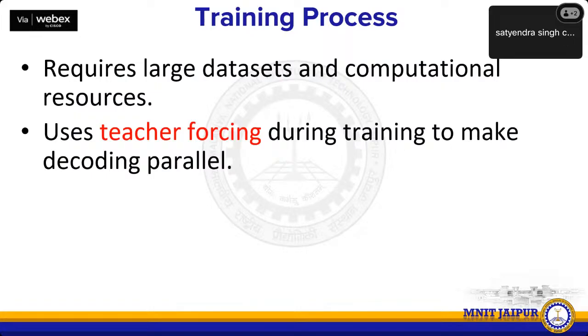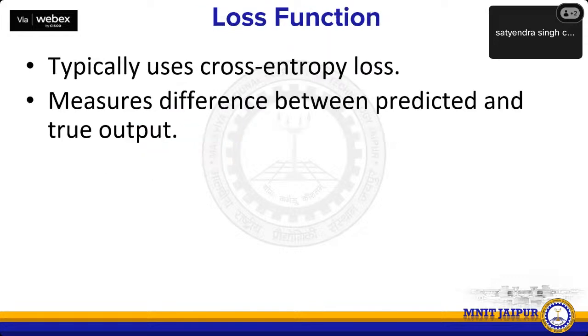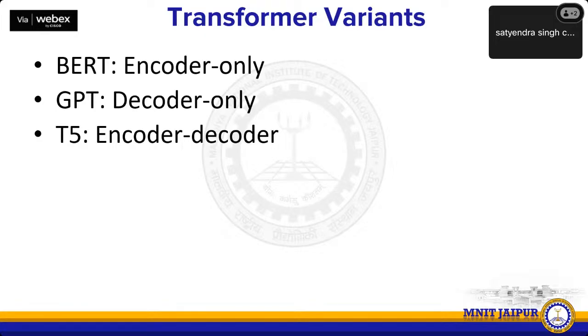So for machine translation application, the encoder should not be thrown away. Depending on the task, it has a different architecture of the transformer. Okay, so there are different variants. You might have heard about the BERT language model, which is given by Google, which only uses the encoder part.